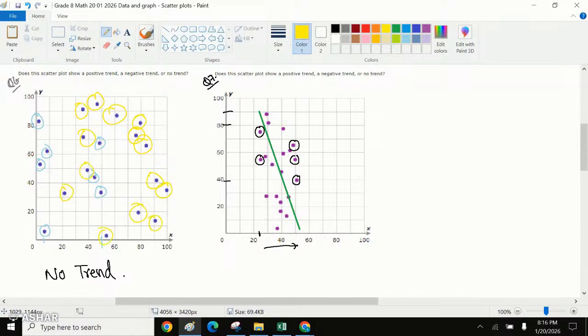But in this question, they're not scattered everywhere on the scatter diagram, they are near the line of best fit. And that means when X was increasing, then Y was decreasing. So we can say that this is a negative trend.